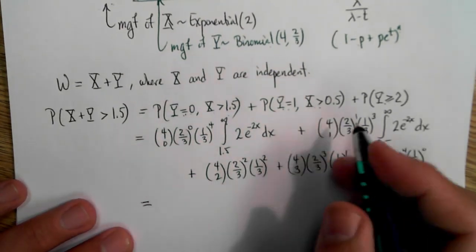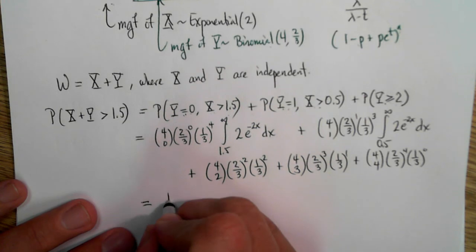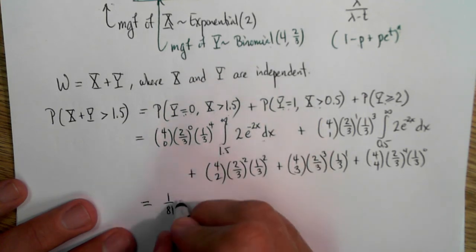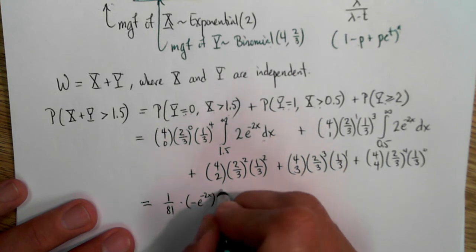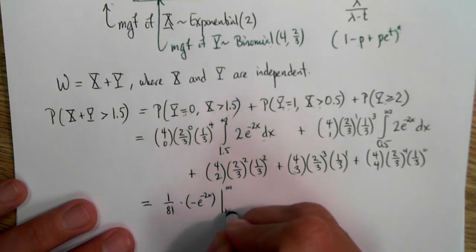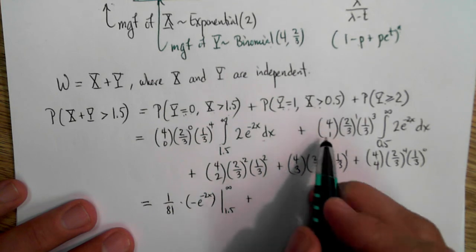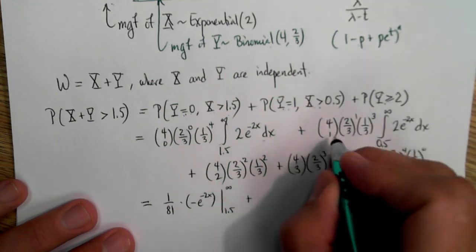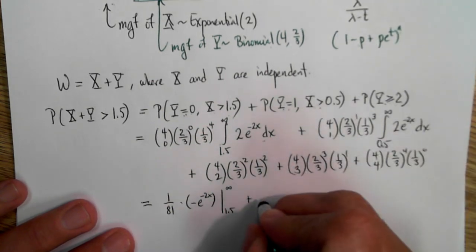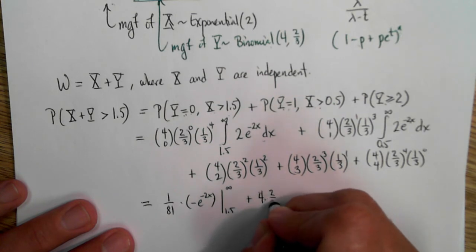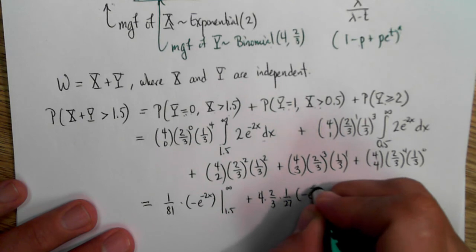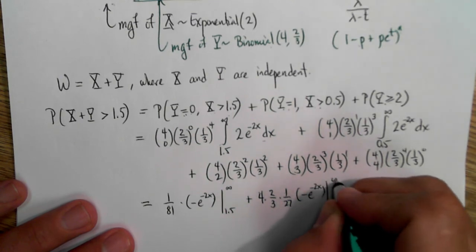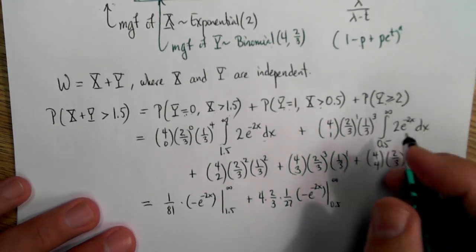Okay, so now it's just a matter of simplification. So this is 1 over 81. Then this integral is negative e to the minus 2x evaluated from infinity to 1.5. This part here is 4 times 2/3 times 1/27. The integral will be negative e to the minus 2x evaluated from infinity to 0.5 this time.